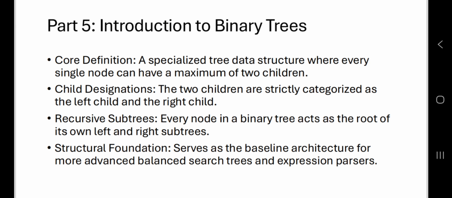Okay, introduction to binary trees. Out of all the tree variants, the most common is the binary tree. Its core definition is simple: a specialized tree data structure where every single node can have a maximum of two children.